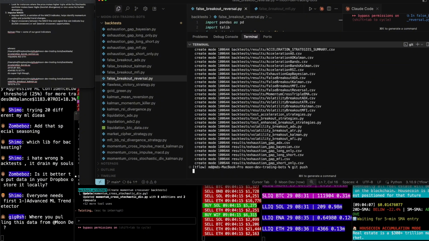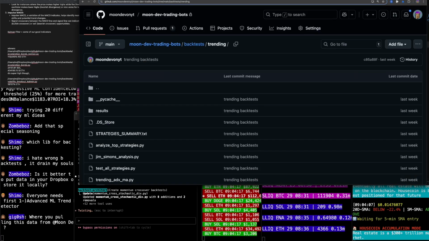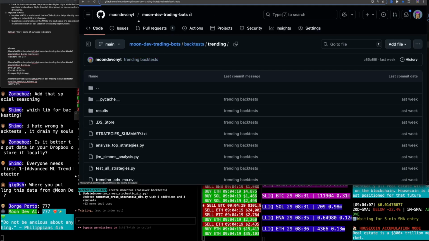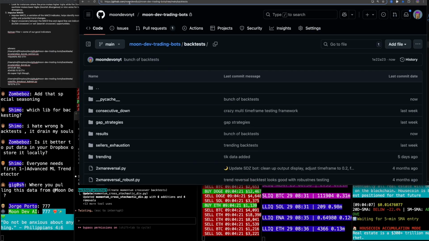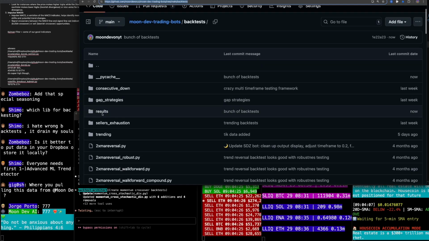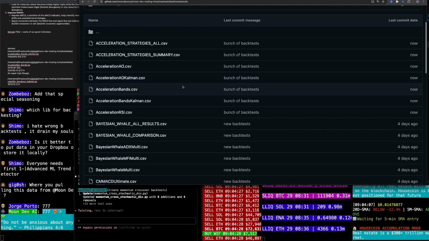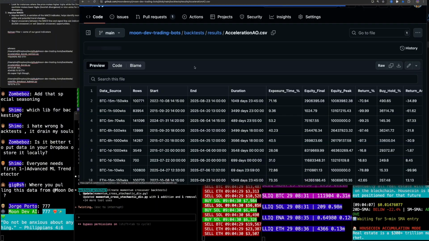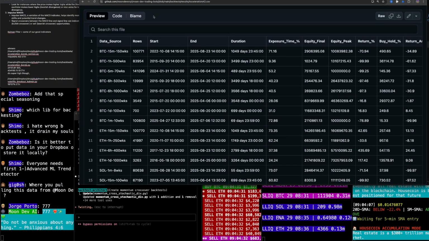Git push. So let's go ahead to the GitHub here. Backtests here. I think the results are here as well. So that's cool. Yeah, beautiful.